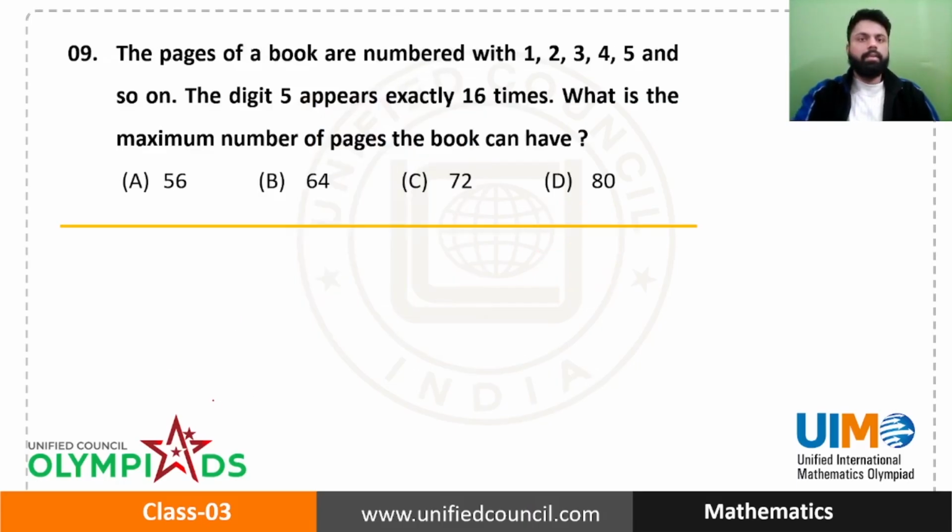The pages of a book are numbered as 1, 2, 3, 4, 5 and so on. The digit 5 appears exactly 16 times. What is the maximum number of pages a book can have?